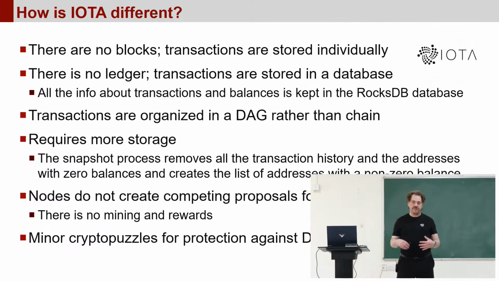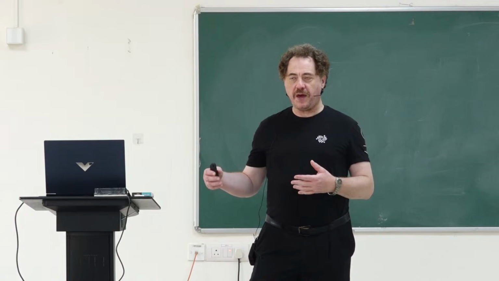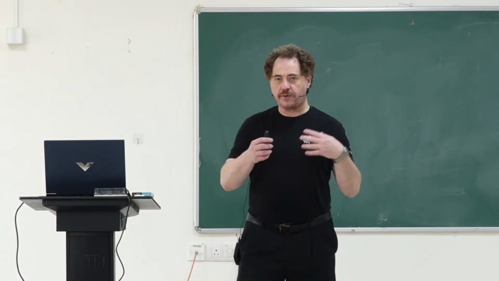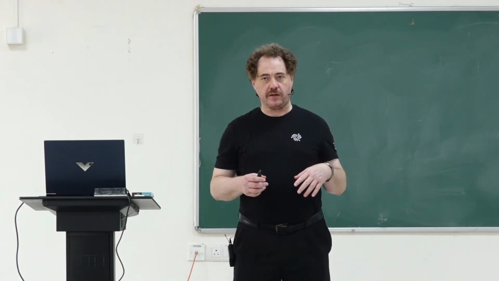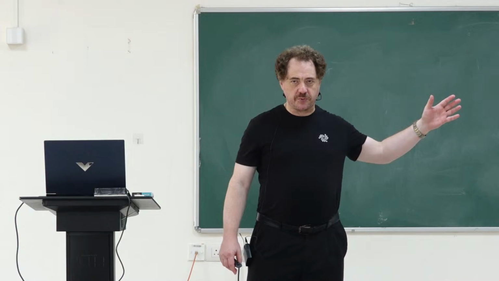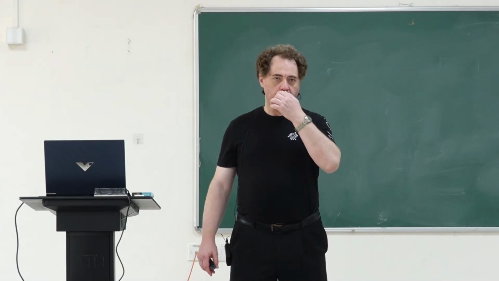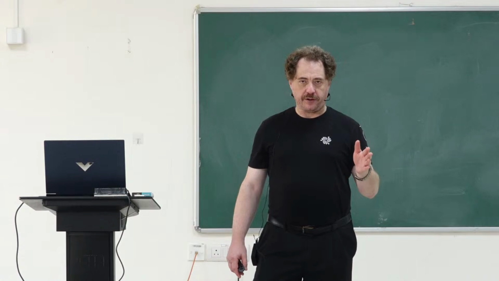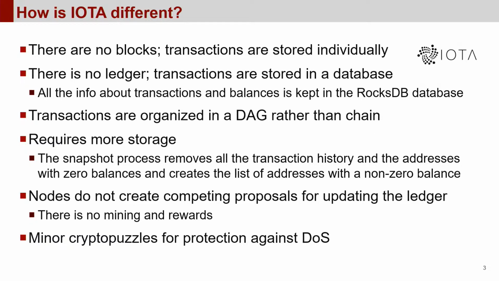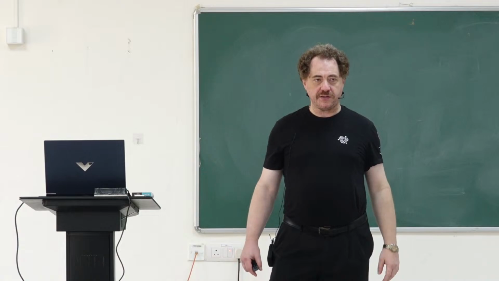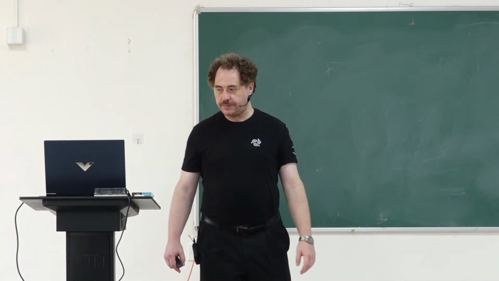So effectively, this mechanism of snapshotting allows IOTA to forget about a significant portion of the history long gone, and instead of going back to the Genesis block, it would start from some checkpointing, from the snapshot vertex. What's the problem? The problem, of course, who does the snapshotting? So the snapshotting process requires some degree of centralization, and that's the disadvantage.